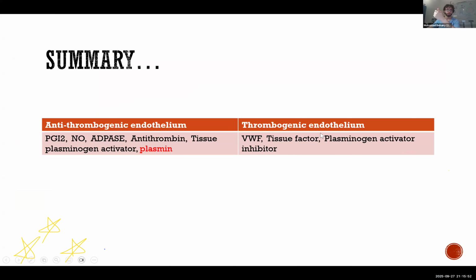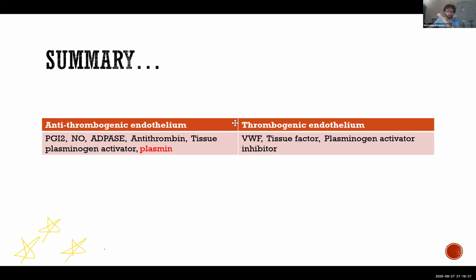The tissue factor will work. The plasminogen activator inhibitor will work. Why? Because we don't want to activate plasmin. We want to inhibit it. Plasmin will break down the fibrin. But in a thrombogenic state, if we want to help the body recover from the injury, we don't want the plasmin. We want the fibrin to stay. So these things are thrombogenic, basically.